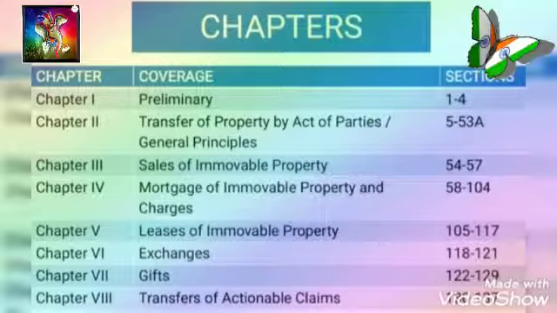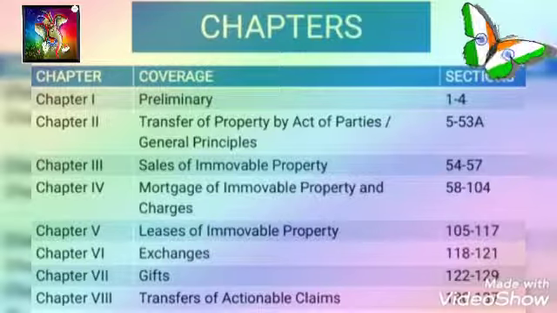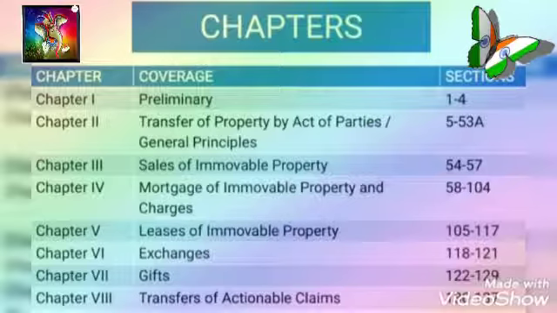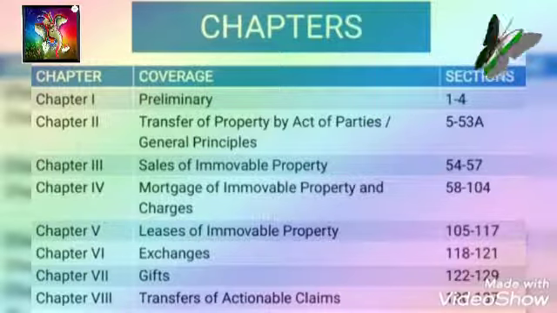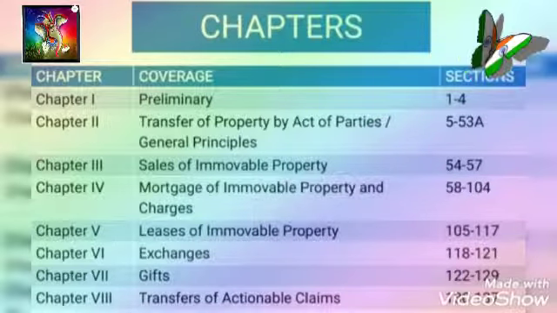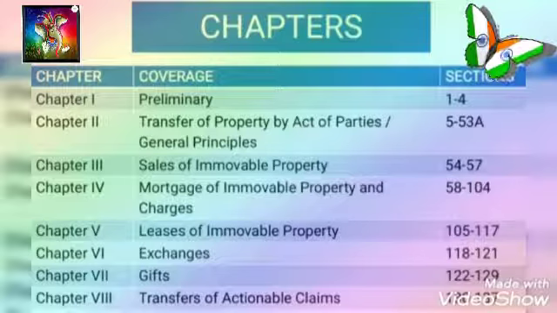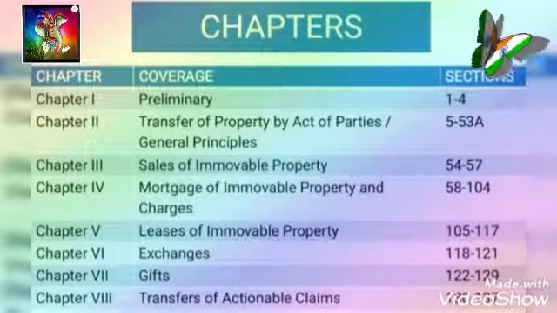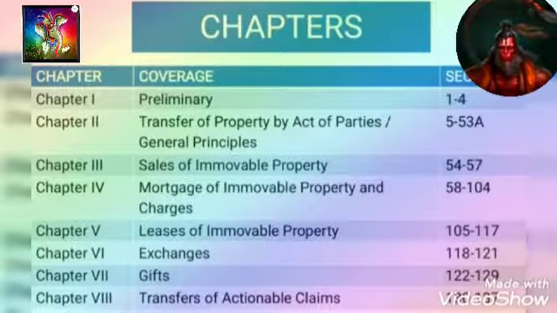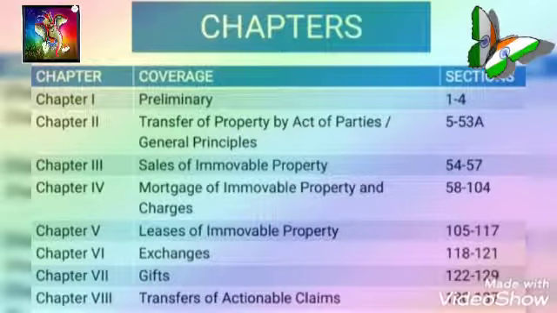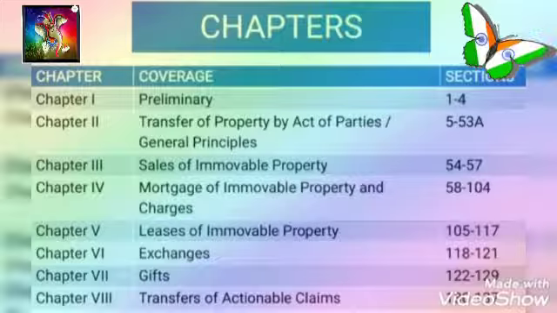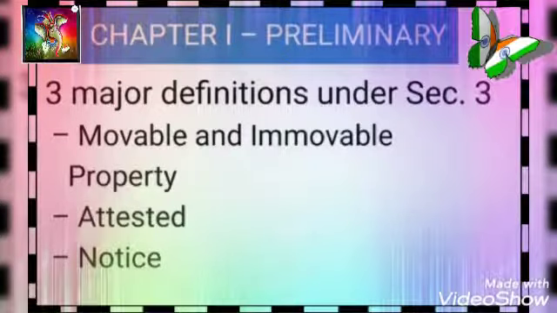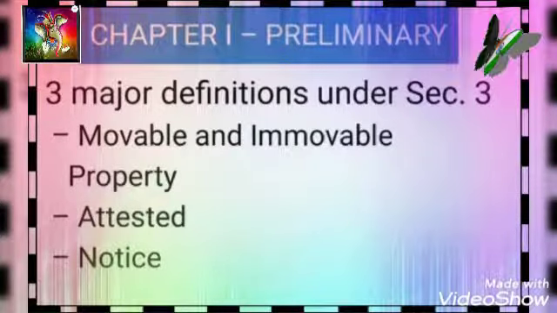Indian Registration Act 1908, Section 2(6). Immovable property includes lands, buildings, hereditary allowances, rights of way, lights, ferries, fisheries, or any other benefit to arise out of land, and things attached to the earth or permanently fastened to anything attached to the earth, but not standing timber, growing crops, nor grass.